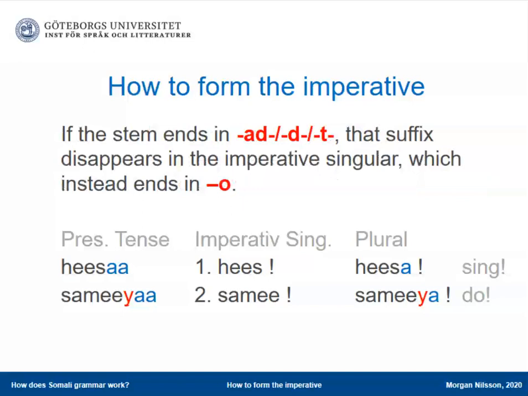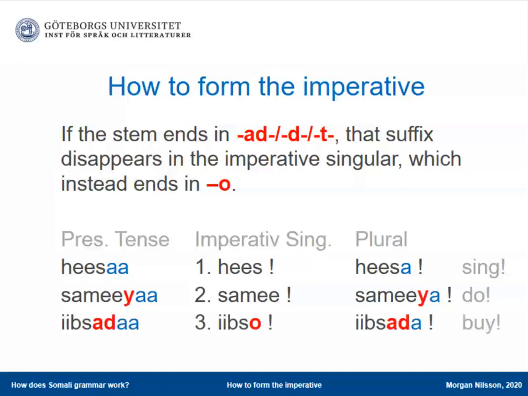And there is another type of verbs that has a stem that ends in ad or just d or t, which is a suffix that many verbs have. And this suffix disappears in the imperative singular, or it's replaced by an o.